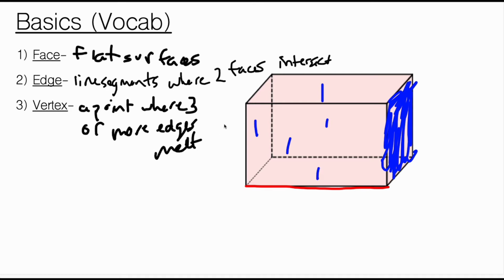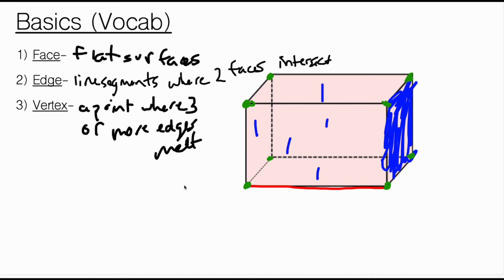And visually, since sometimes it's easy to visualize that, this is an example of a vertex. A vertex is where 1, 2, 3, at least 3 edges meet up. So this is a vertex, this is a vertex, this is a vertex, vertex, vertex. So in this rectangular prism, there happens to be 8 vertices, 1, 2, 3, 4, 5, 6, 7, 8.